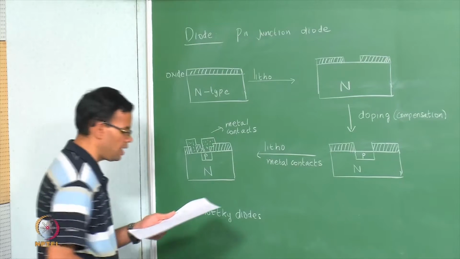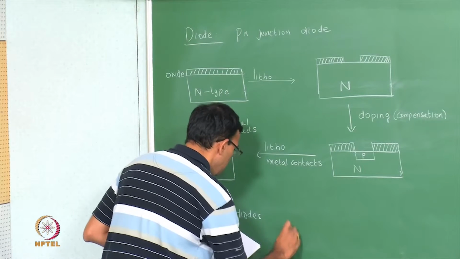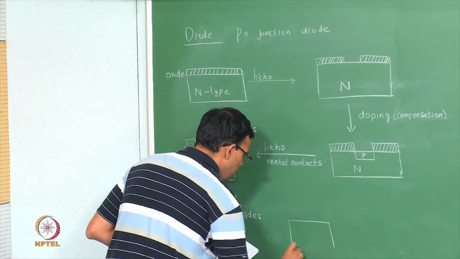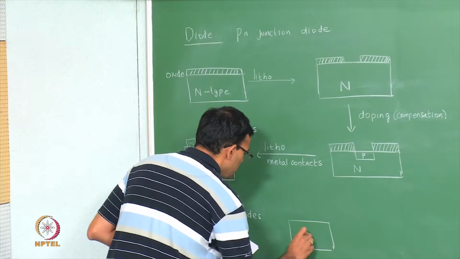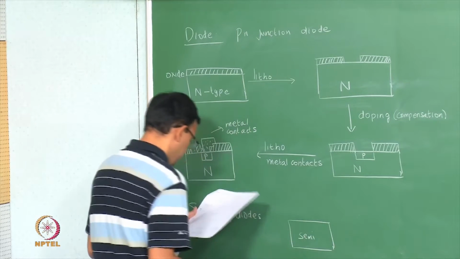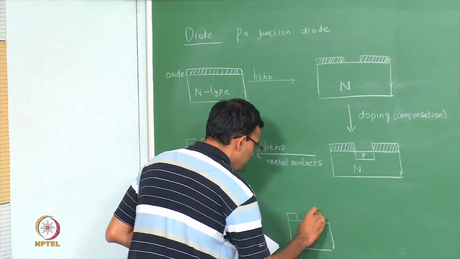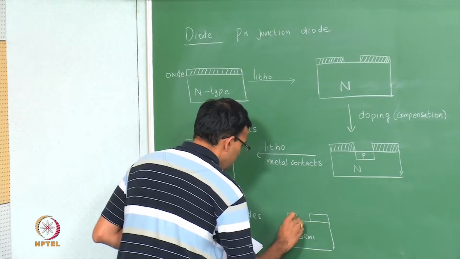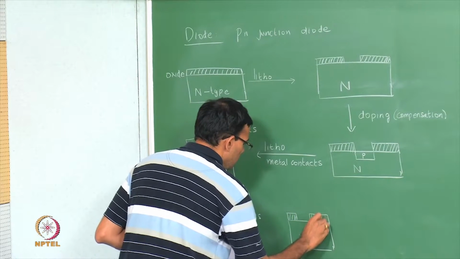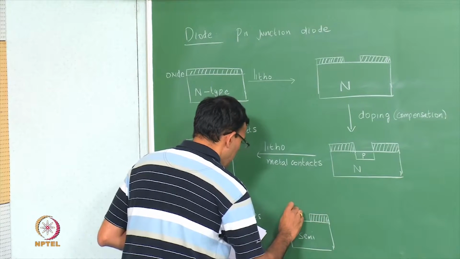I can draw a schematic of the Schottky diode. So, you have the semiconductor, you have the oxide layer, then you have the metal.